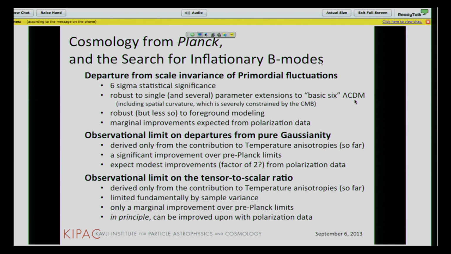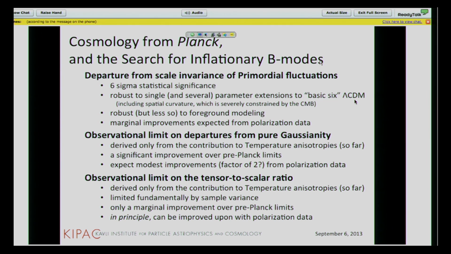And in terms of limits on the tensor to scalar ratio, the published values are derived only from the contribution to the temperature anisotropies that set a limit at about r of 0.11. They are limited currently by sample variance of the roughly 20 or 30% of the sky that is most clean of foregrounds, and it's only a marginal improvement over pre-Planck limits.